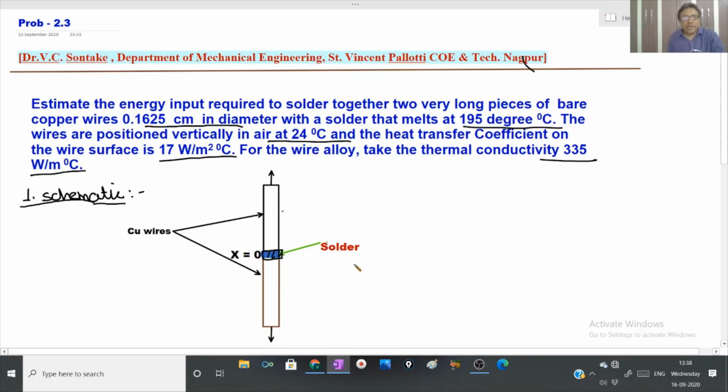Those wires are of the same length and same diameter and made of copper having the same thermal conductivity.